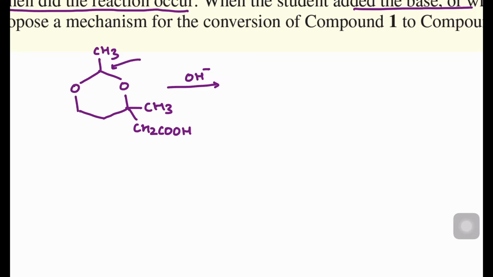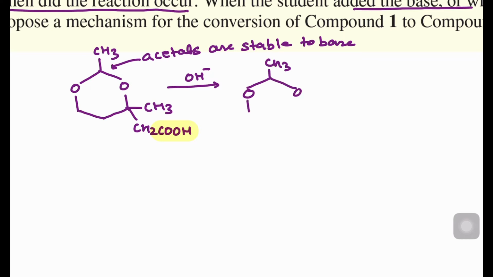This is acetal. And we know that acetals are stable to base. So when the student adds base, acetal will not be cleaved. Only an acid-base reaction will take place. This acidic group, that is carboxylic acid, will react only, and the product you might get is this one. Just the acid-base reaction product.